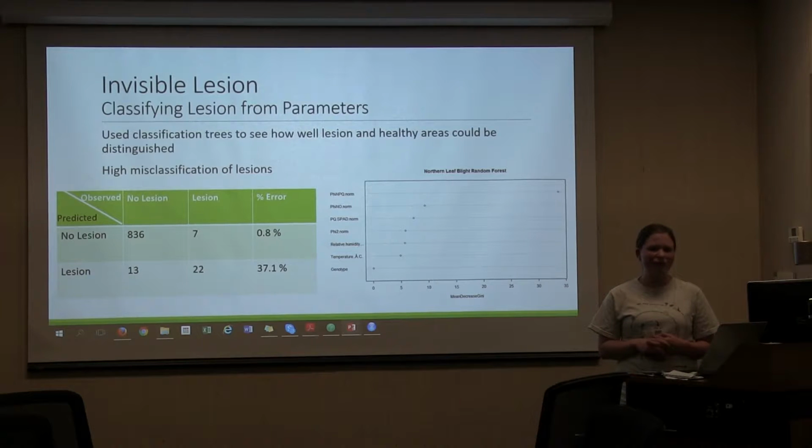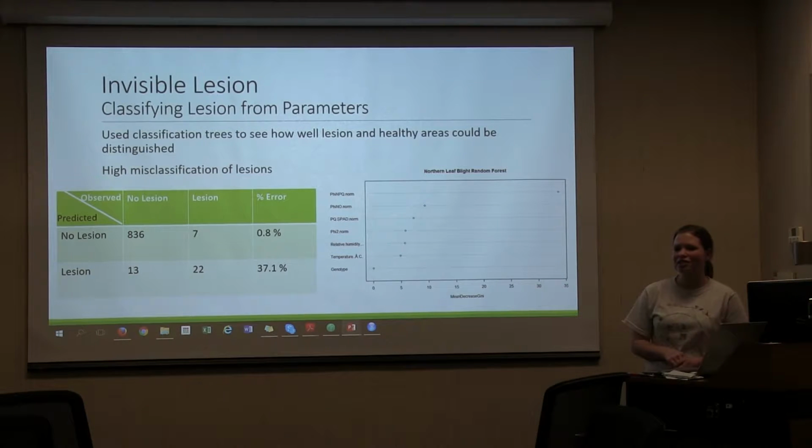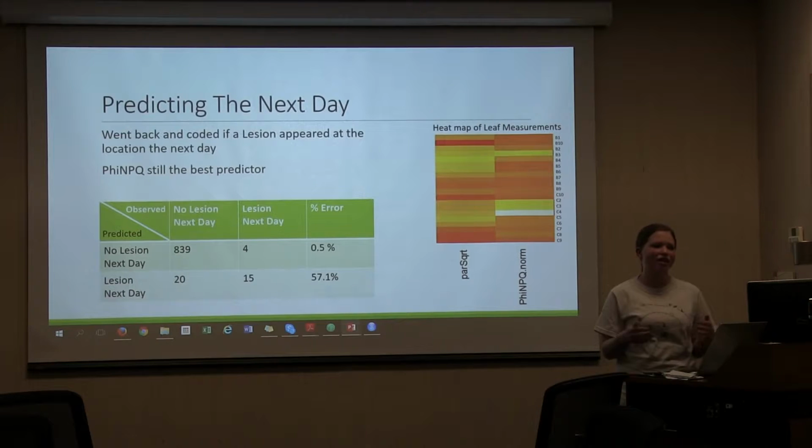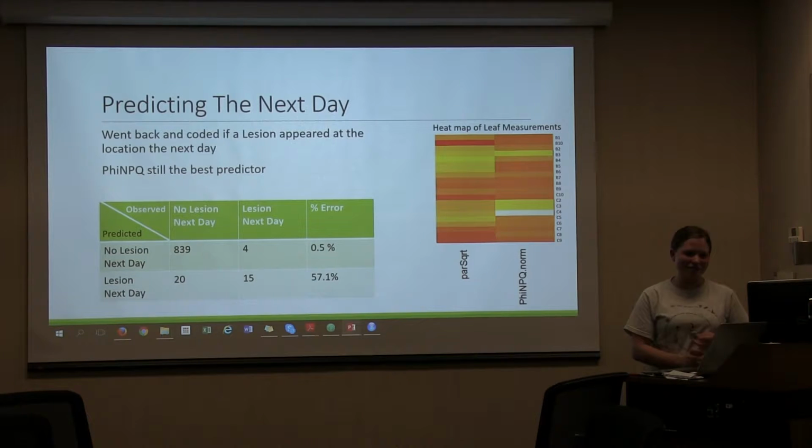That led to another question of, okay, this isn't great, but if you could do this a couple days in advance, maybe a 40% uncertainty is better than just plain guessing. So I'd like to see how soon you see these lesion impacts from PhotosynQ. And unfortunately, it is both location specific and only occurs the day before.